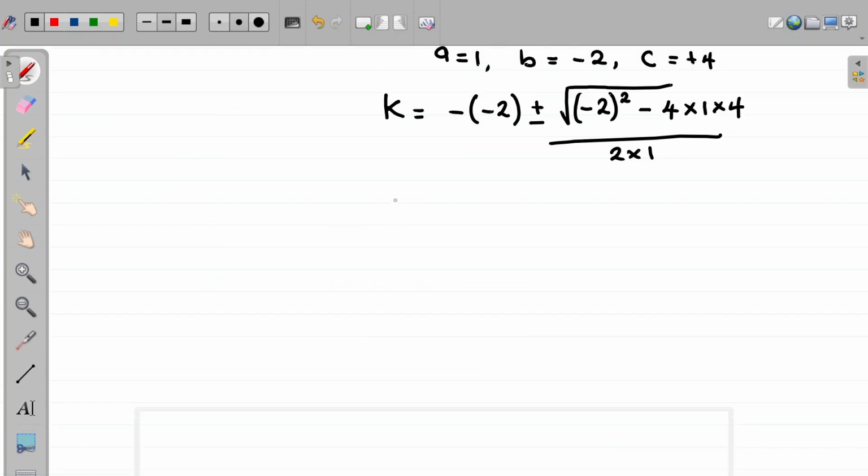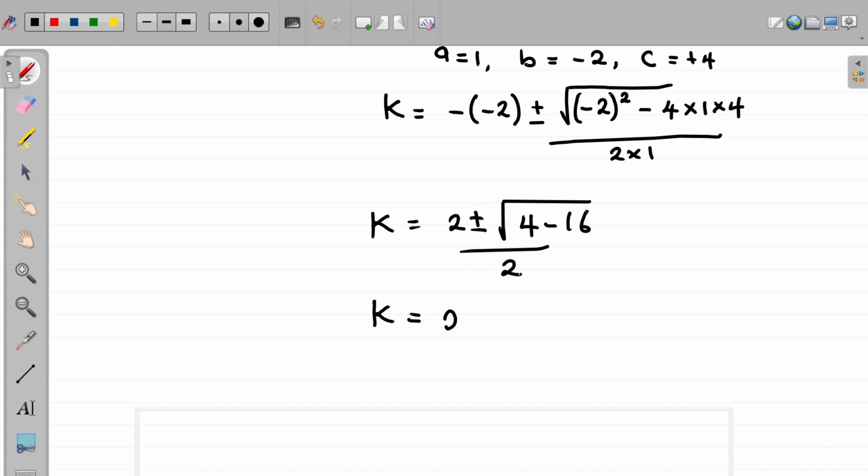So our equation becomes k equal to 2 plus or minus root of negative 2 squared, which is equal to 4, minus 4 times 1 times 4, which is equal to minus 16. 2 times 1 is equal to 2. And this is expressed as k equal to 2 plus or minus root of negative 12 divided by 2.